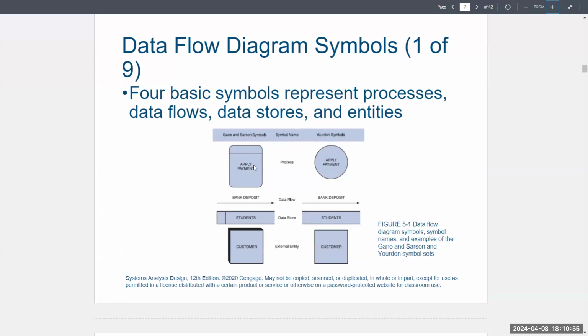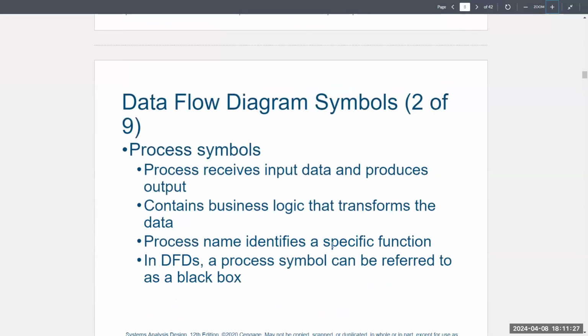The only difference is that for process, in one it's a rectangle, the other is a circle. The data flow is the same symbol between the two. For data store, Gane and Sarson use one symbol, whereas in Yourdon it's just two parallel lines. And the external entity is represented as a 3D box in one, and 2D in the other.